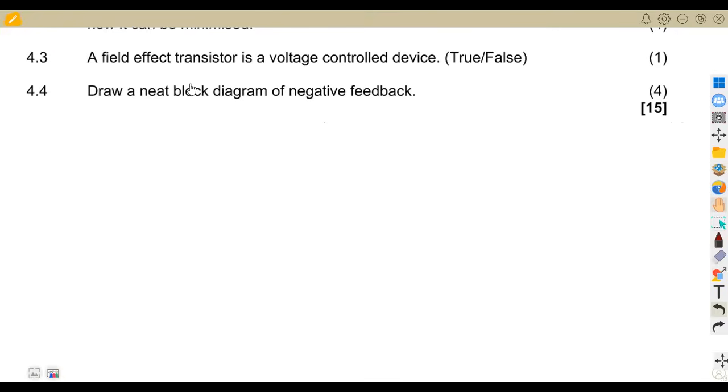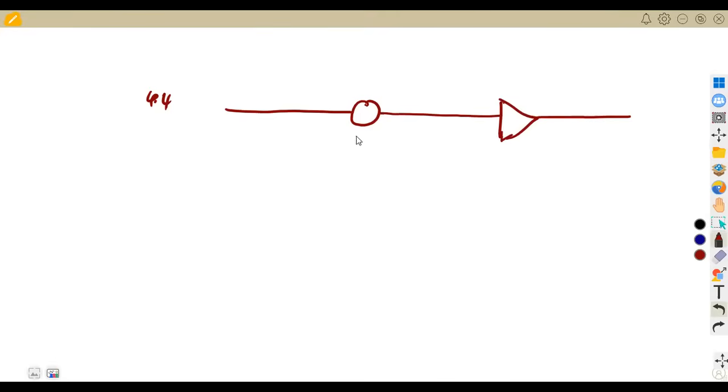And draw a block diagram of a negative feedback for marks. All right, for negative feedback, we must have the input on the forward side. So that's 4.4, negative feedback. You're going to have the input going into the summation point, then to the amplifier. Without feedback, it is just direct.